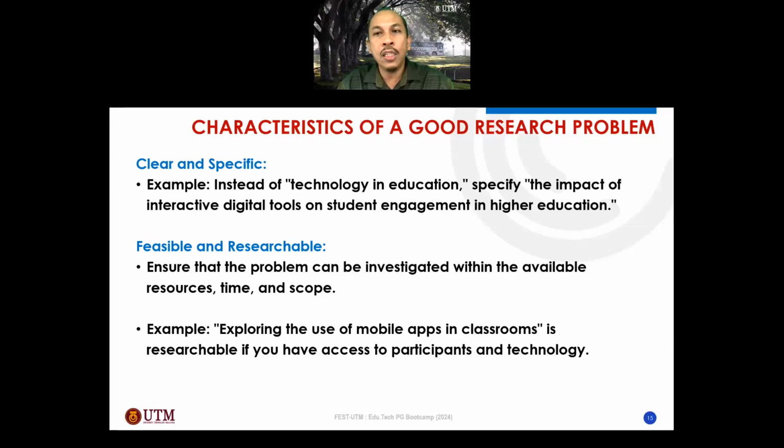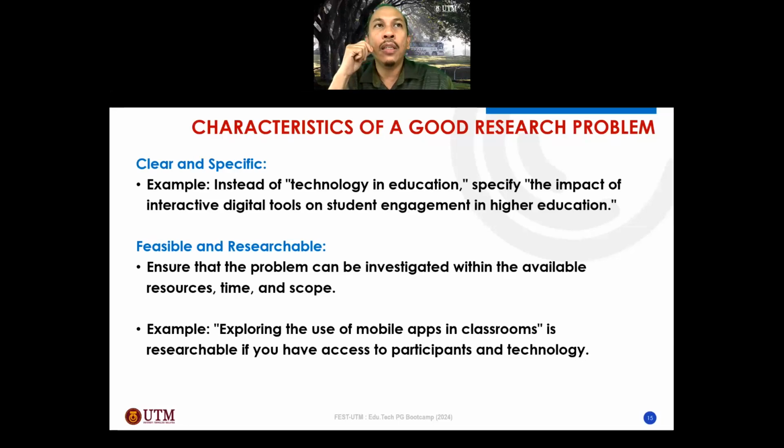It is still in the area of technology in education, but you focus on one tool, interactive digital tools, the outcome or problem you want to tackle is student engagement, and the target group is higher education. So it needs to be clear and specific.